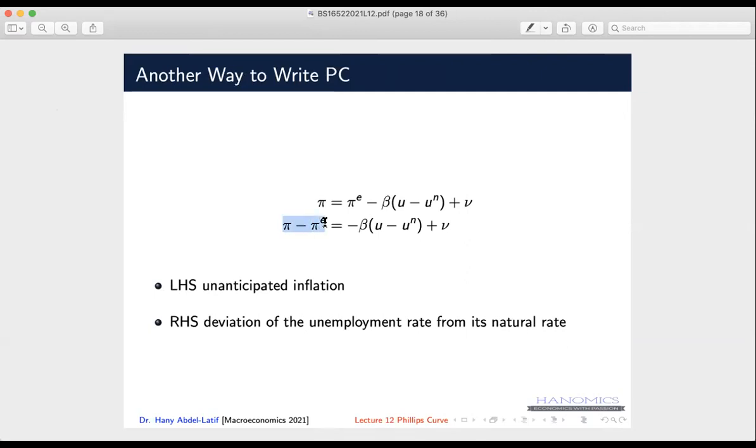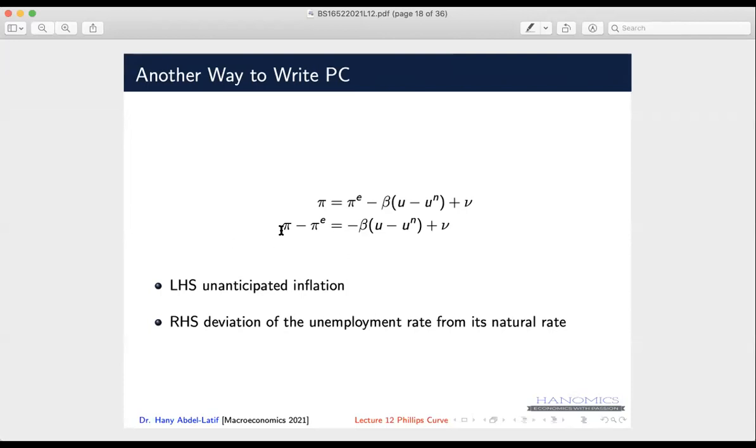So if you do that here, again the economic activity depends on this unexpected level of inflation. Both equations are just telling us the same thing, and that explains why many economists treat the Phillips curve and the supply curve as the same thing, because both give us the same information.